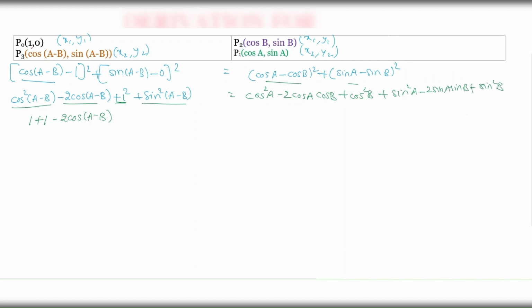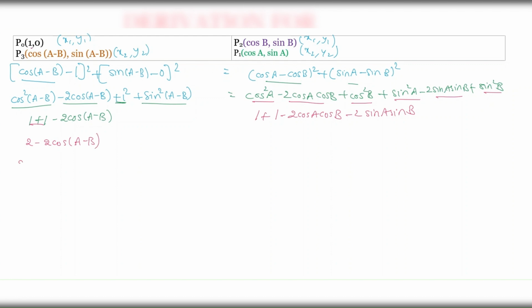Now again here, cos square a plus sine square a can be written as 1. And again cos square b plus sine square b can be written as another 1. And the remaining terms, that is minus 2 cos a cos b, and this term minus 2 sine a sine b. Here 1 plus 1 is 2 minus 2 cos of a minus b.